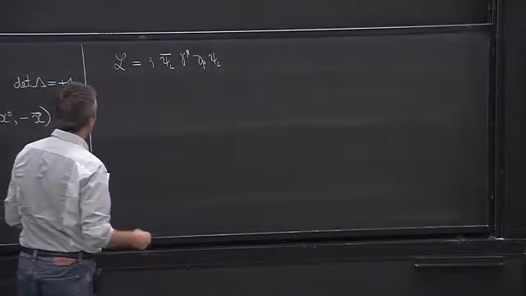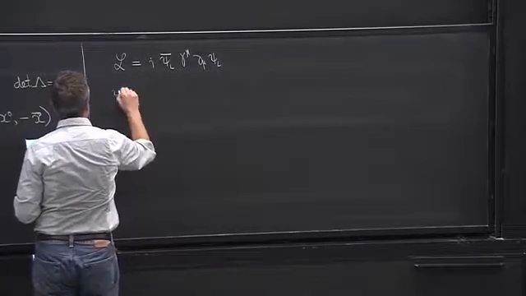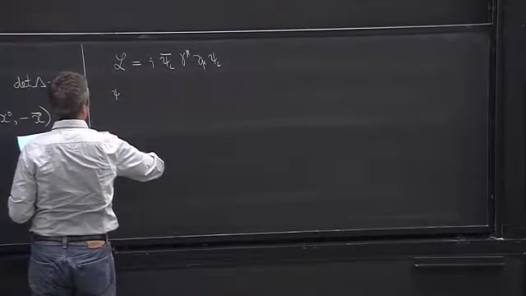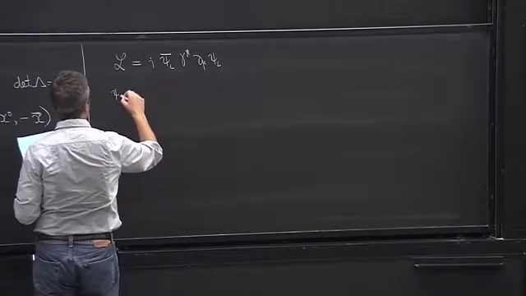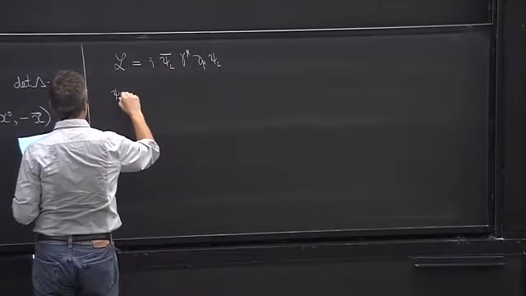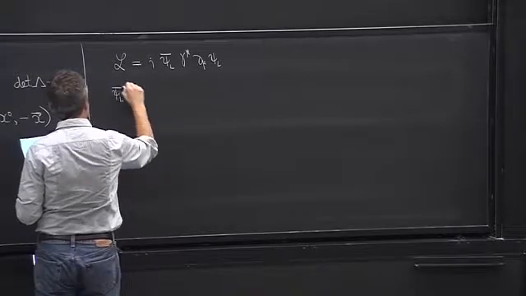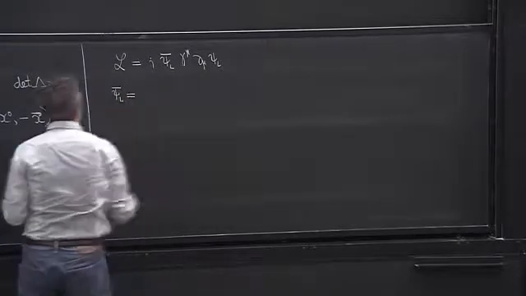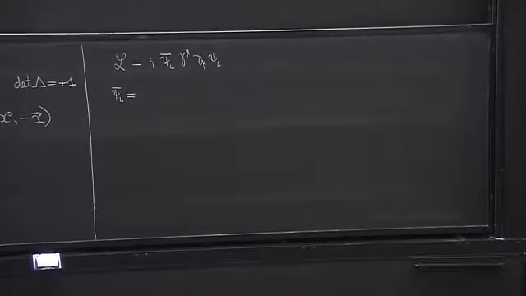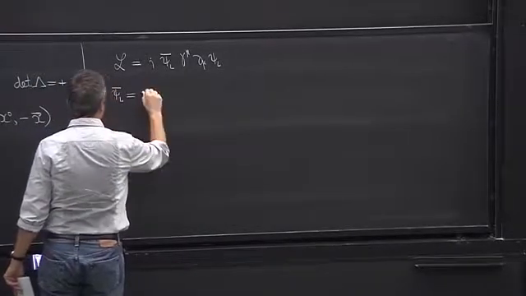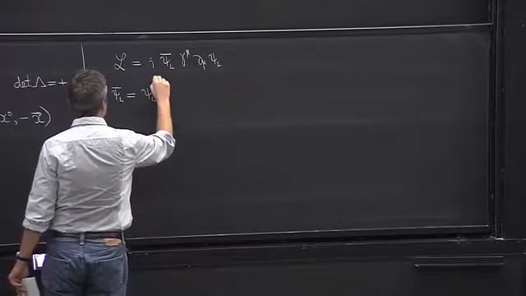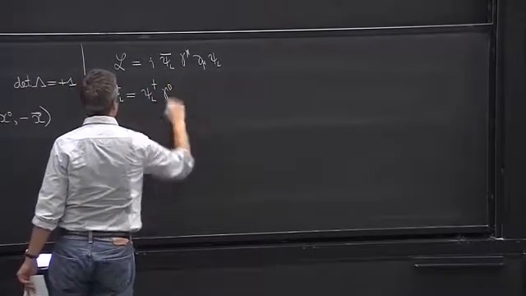So, in addition to psi left, it contains also the conjugate spinor. So let's see how the conjugate spinor is projected. So psi left bar is equal to, what? Oh, it's psi left dagger multiplied by gamma 0.